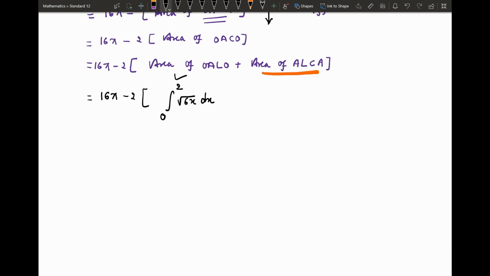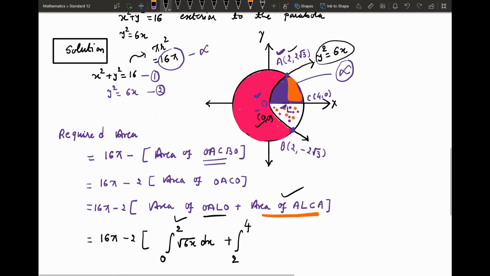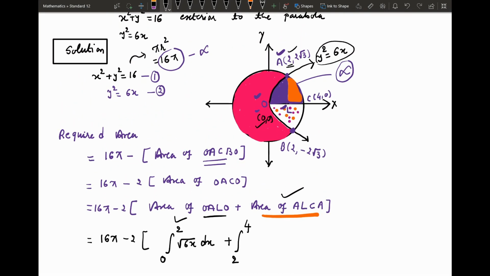So this will give area of OALO plus, now for second portion limit will be 2 to 4, because here x coordinate 2, here x coordinate 4.